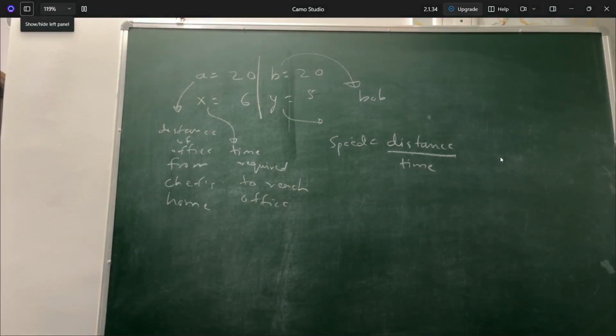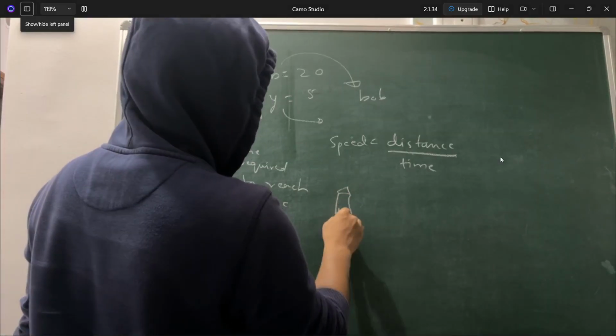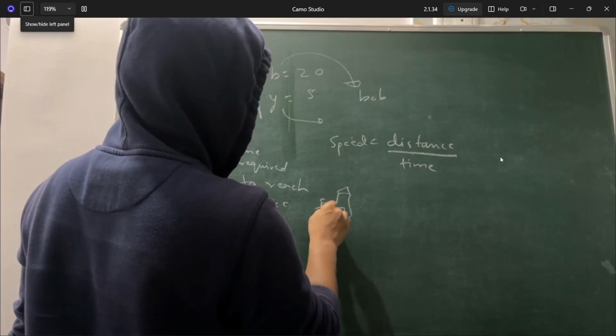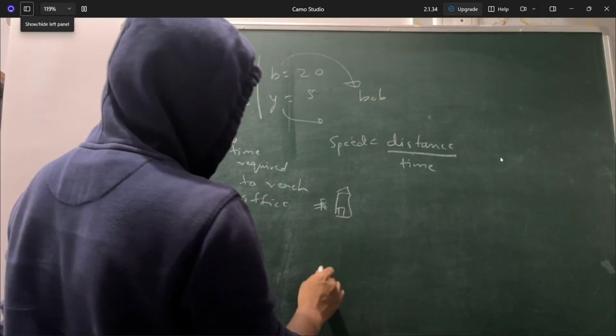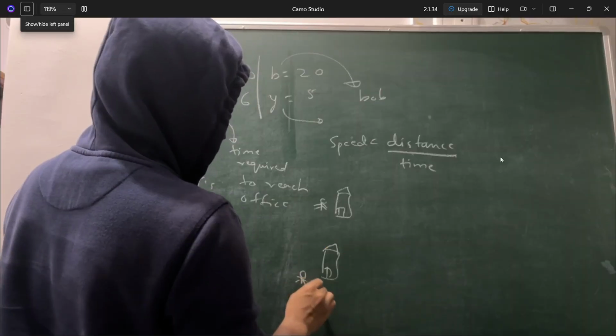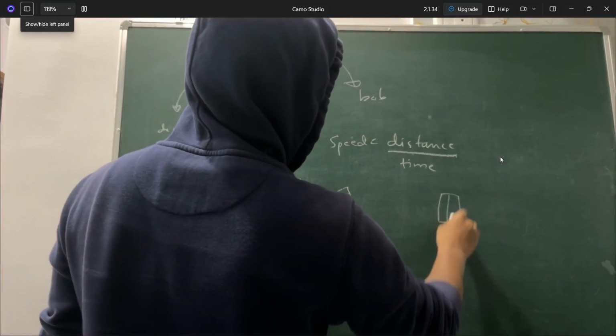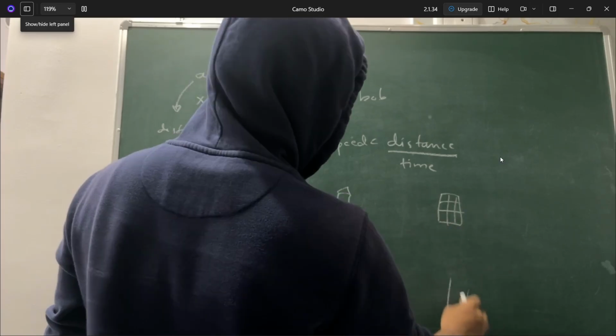So let's say Alice's home is here and Bob's home is here, and Alice's office is let's say here and Bob's office let's say is here.